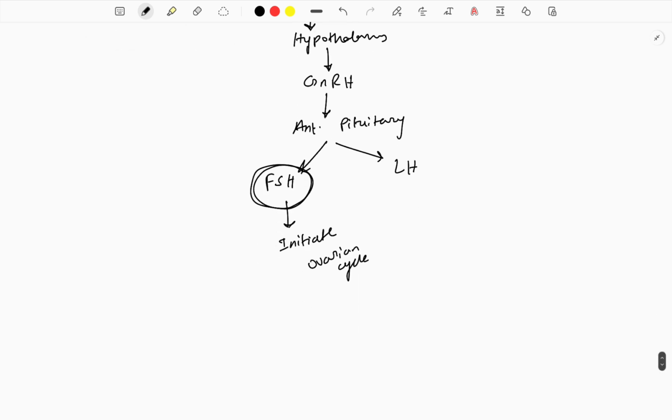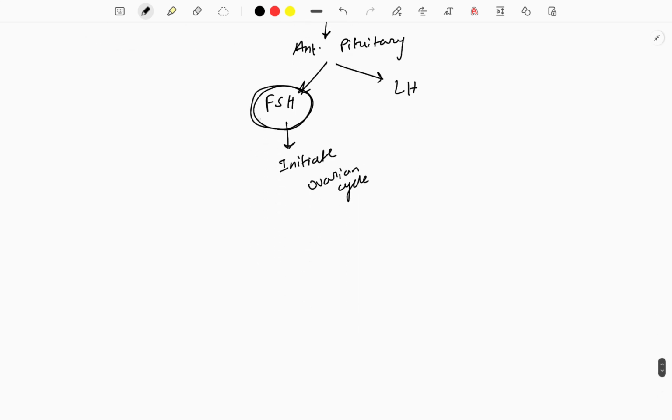Now once this FSH level increases, what this FSH does is it stimulates and acts on follicle. It acts on follicle, especially what cells of the follicle. First we'll learn about follicle, how it is.